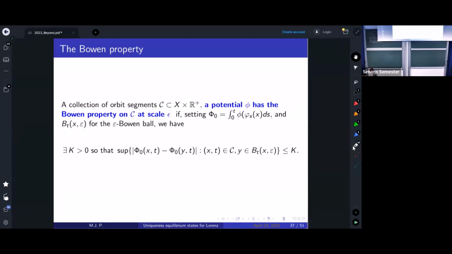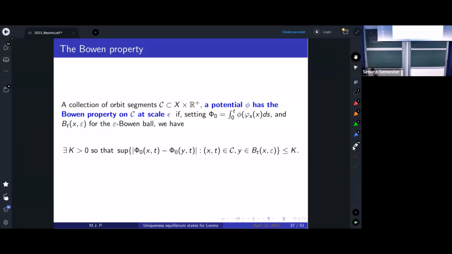You take the potential and its Birkhoff sum along the segment, and you look at the supremum of the difference along the segment, comparing the Birkhoff sums. The Bowen property at this scale means that there is a K such that the supremum of the difference, for all points y in the Bowen ball at x, for t such that the segment is in the set, is less than or equal to K.